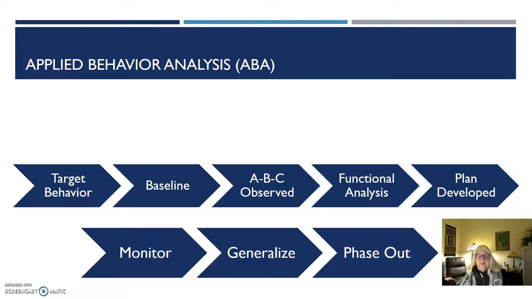If it's successful, then there's helping students learn to generalize these behaviors to other situations. And when target behaviors are reached, treatment or intervention is phased out. In a school setting, again, the school psychologist would be doing this, not a teacher, but you would be working with the school psychologist in developing this and implementing the plan, very likely.